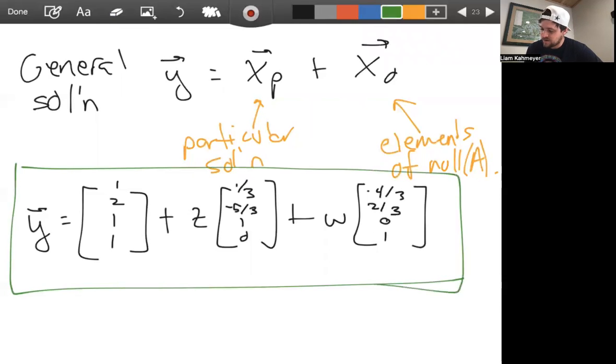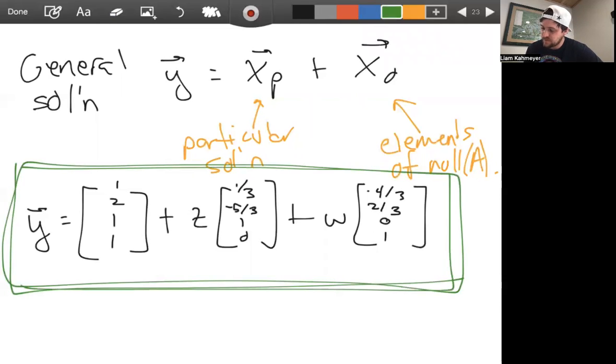And this is for all z and w in the reals. This is a general solution. It's a family of solutions that solves this system.